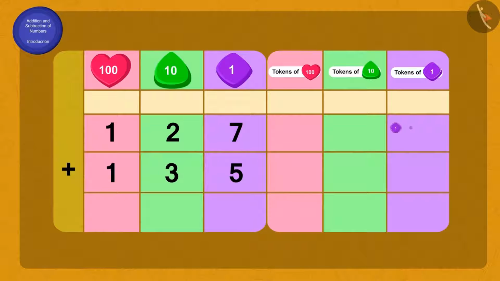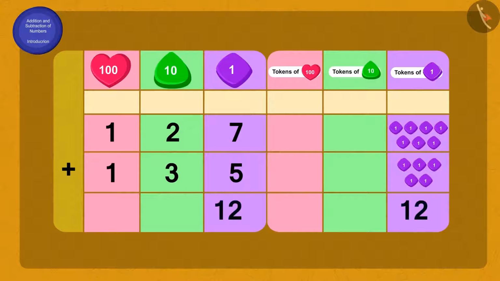Yes, by adding 7 ones to 5 ones, we get 12 ones. How will we write 12 ones? That's correct. Using the carryover method, 10 tokens of 1 can be written as 1 token of 10, as 1 in the tens place.